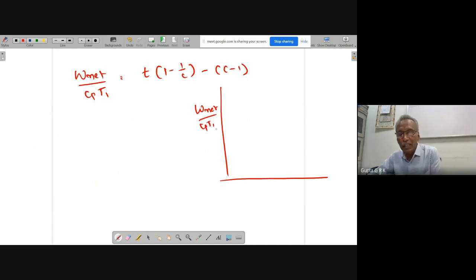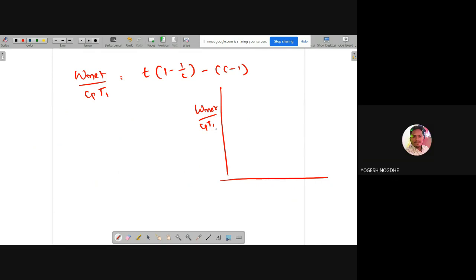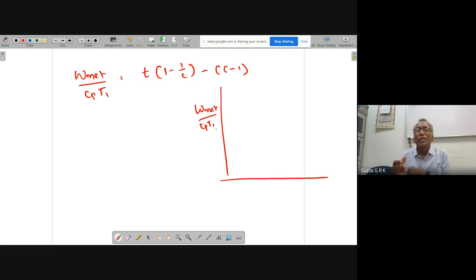When C equals 1, what happens? It will become 0. Net work is 0 because pressure ratio is 1, meaning P1 equals P2, so it is not compressing at all. There is another point where this net work will become 0.